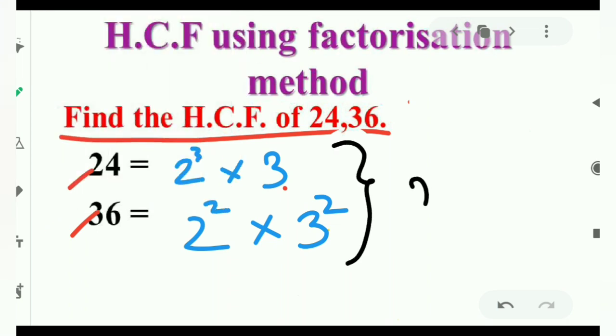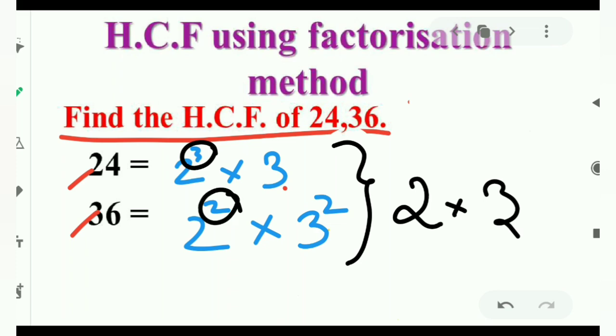Here 2 is common, 3 is common. Least power, right? So here 2 to the power 3 and 2 to the power 2 are the prime factors. We have to consider the least power. What is the least power here? 3 or 2? 2, right? So we have to write 2 squared here.